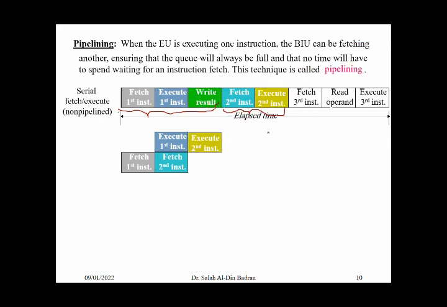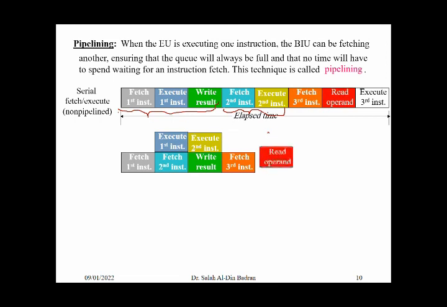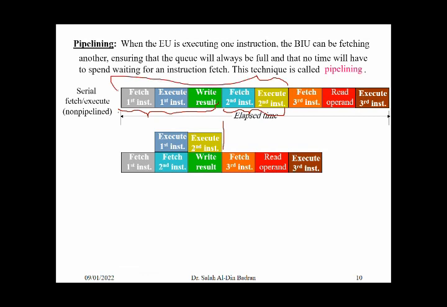Execute the second instruction, write the result, fetch the third instruction, read the operand, and execute the third instruction. See, at this time we are done with two instructions. But in the first type, we are done with two instructions only at this elapsed time.